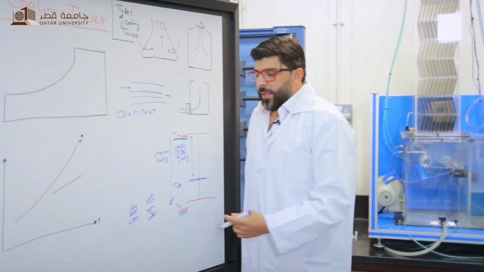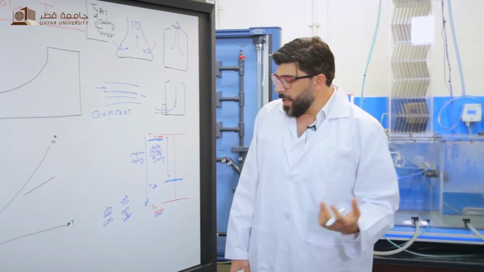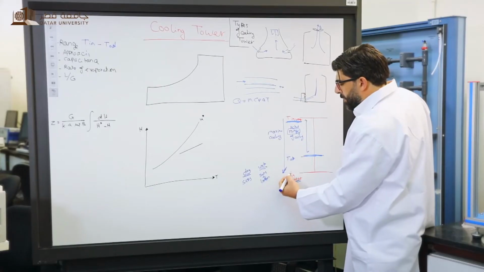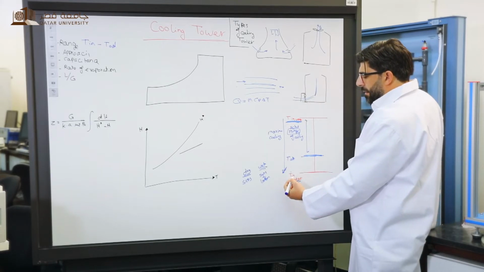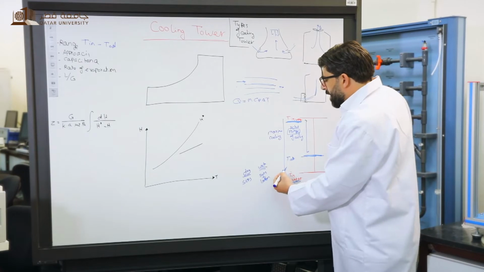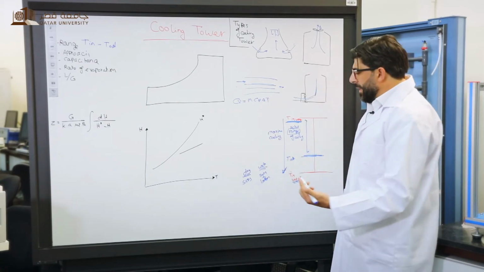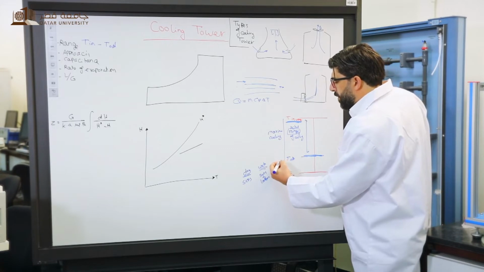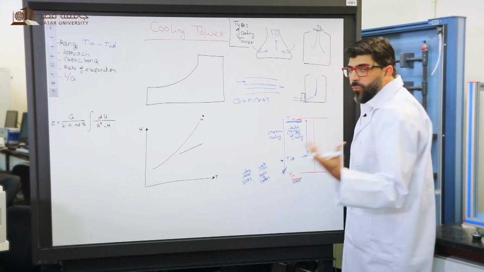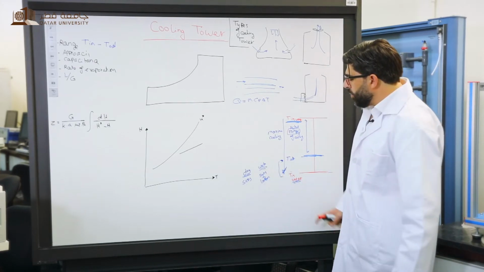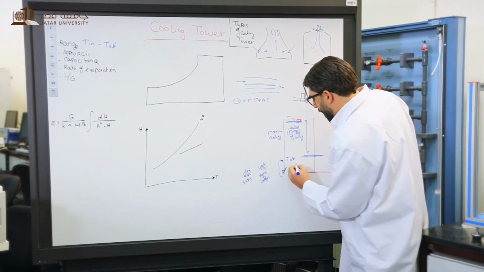Now, our approach is to reach this temperature, the temperature of the inlet air. Since I didn't reach this temperature, the difference between the temperature of the water leaving the column and the temperature of the inlet air is called the approach.